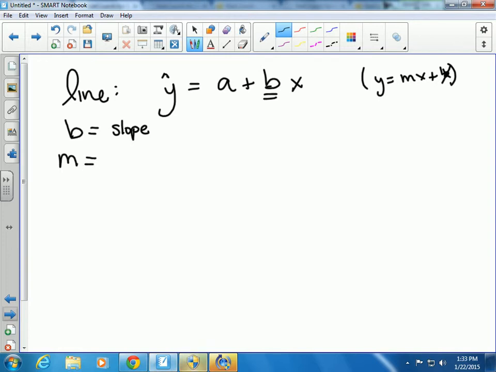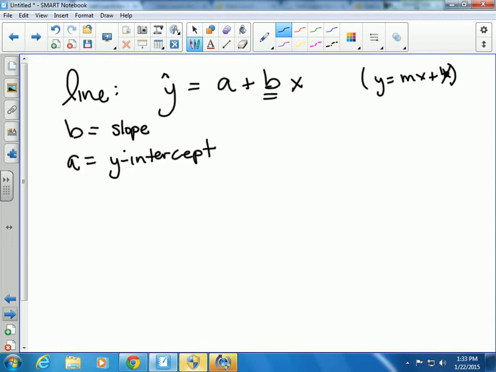M, and a is the y-intercept. So it's just the exact same equation for a line that you have been working with since you were in the 7th grade. So don't be afraid of that.